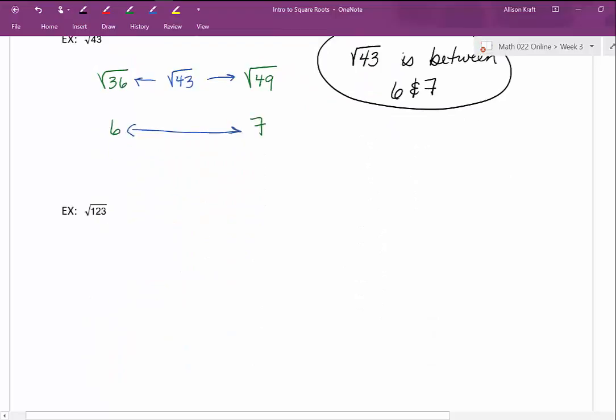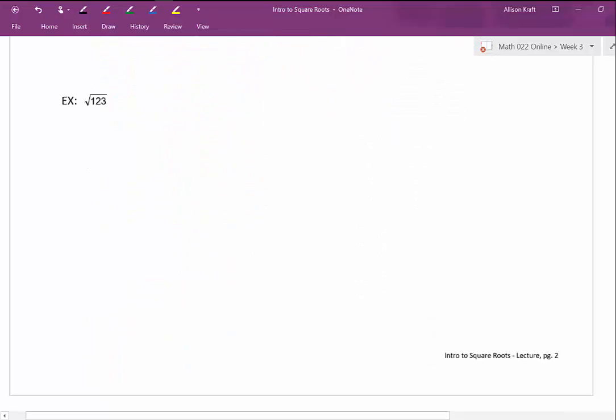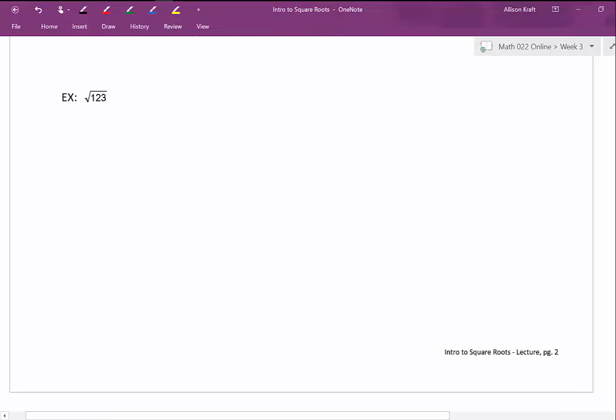Let's try another one of those. Let's figure out between which two whole numbers the square root of 123 lies. Taking a look at my list of perfects, just towards the end, we have 81, 100, 121, 144. 123 falls in between right here. We know that the square root of 121 is 11.